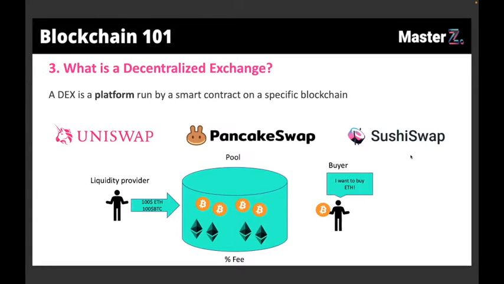Now we can see that on the right side, we have our first buyer that comes into our decentralized exchange and wants to exchange his Bitcoin for Ethereum. So he simply exchanges his Bitcoin for Ethereum on the decentralized exchange, and he adds one Bitcoin to the liquidity pool and takes out the equivalent amount in value of Ethereum. So there is basically an exchange inside this pool.